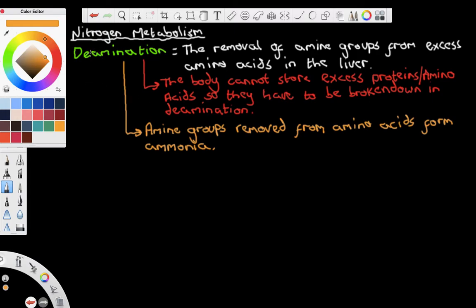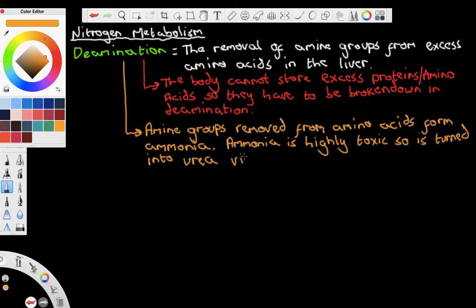So we can say that ammonia is highly toxic, so is turned into urea via the ornithine cycle in the liver.